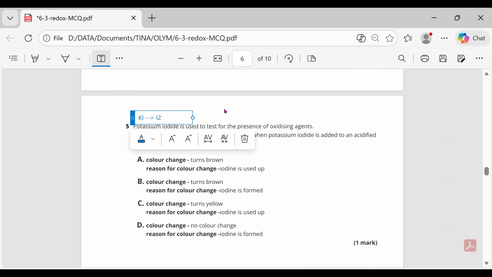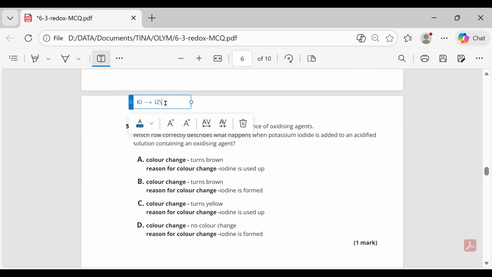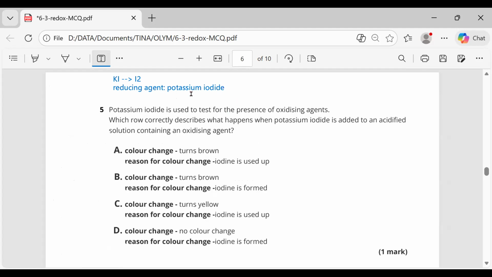Potassium iodide is a reducing agent. That means it always reduces somebody else. So the color change of potassium iodide, we actually did this last week in the halogens.